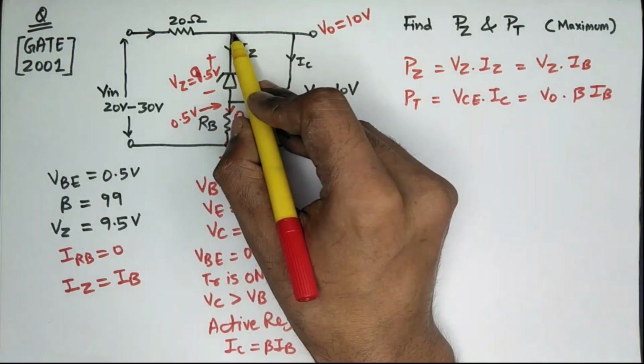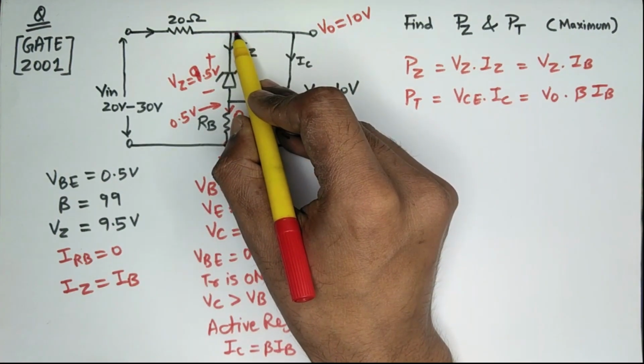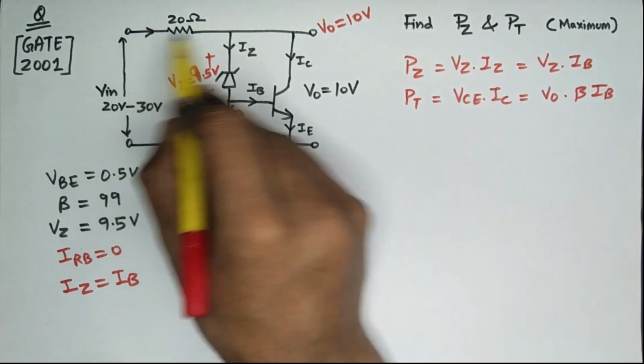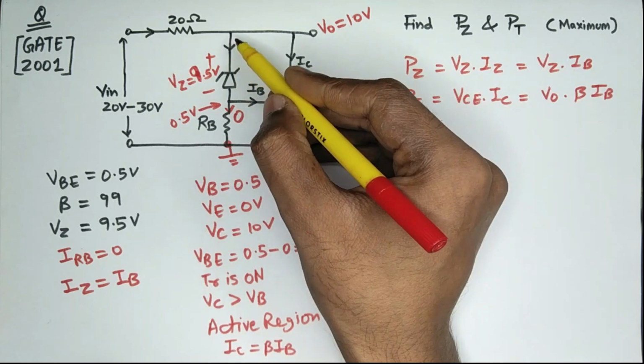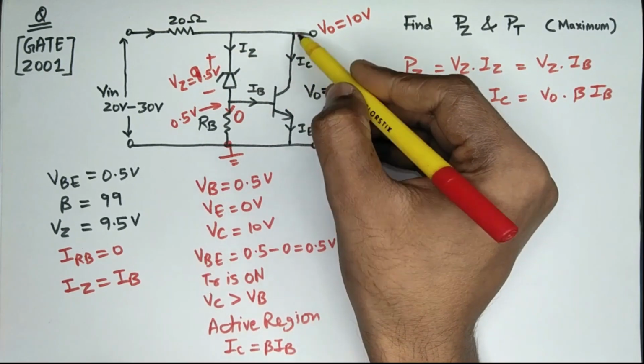On applying KCL at the output node, we can tell that the current through the 20 ohm resistor is equal to the sum of current IZ and IC.